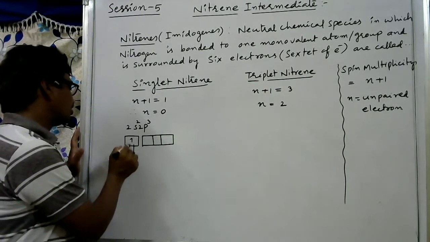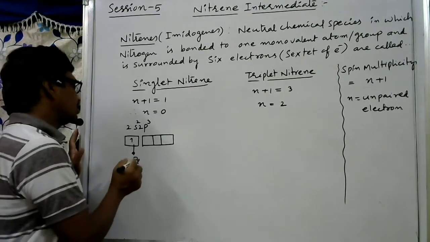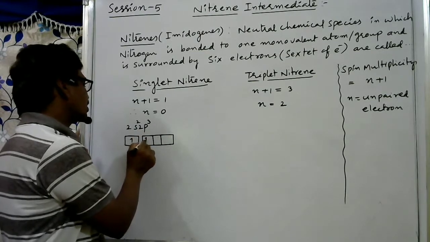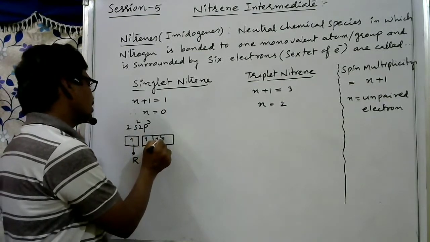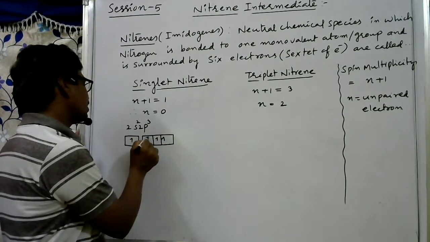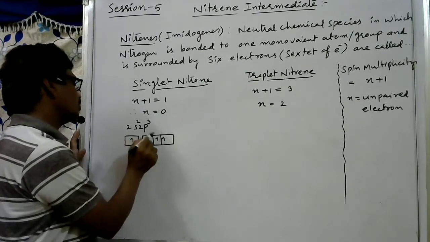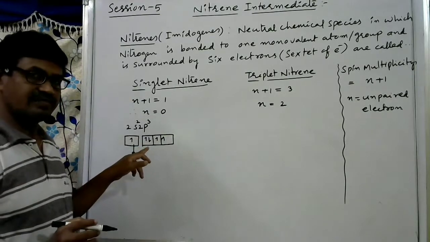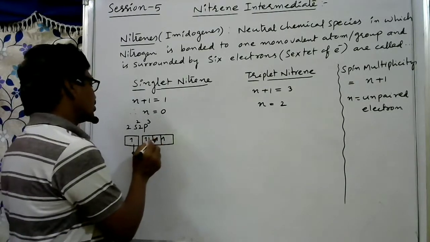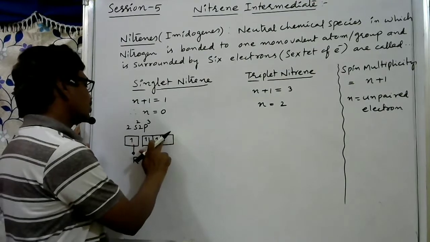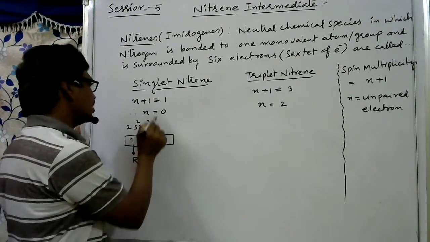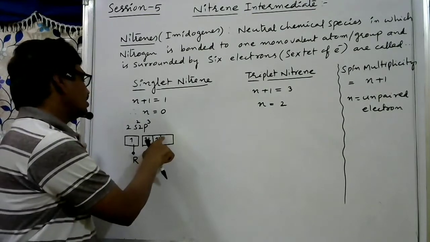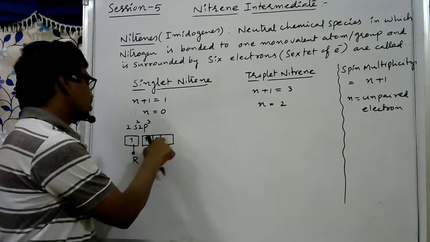This is the R electron, and this is the nitrogen electron. The remaining electrons are 2 plus 3, five electrons. These 2 electrons we should write in one box only, because unpaired electrons should be 0.